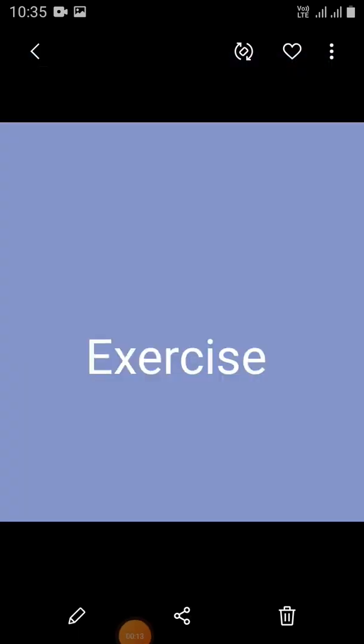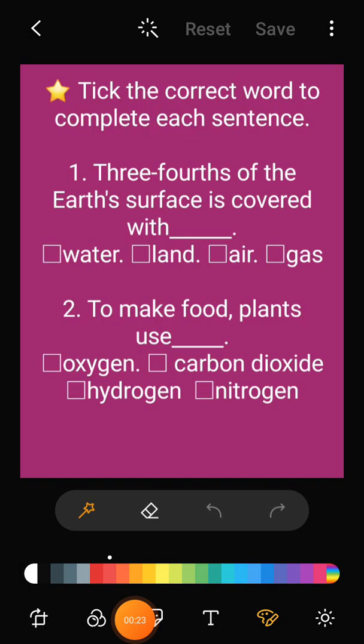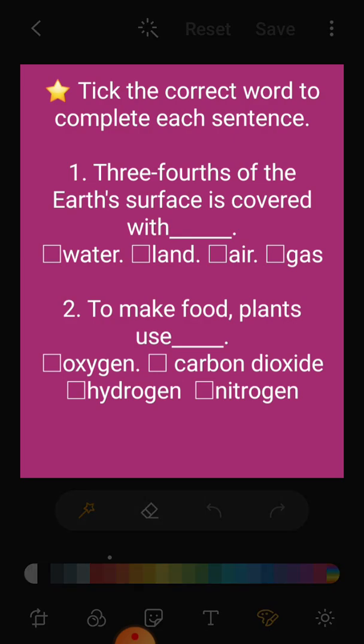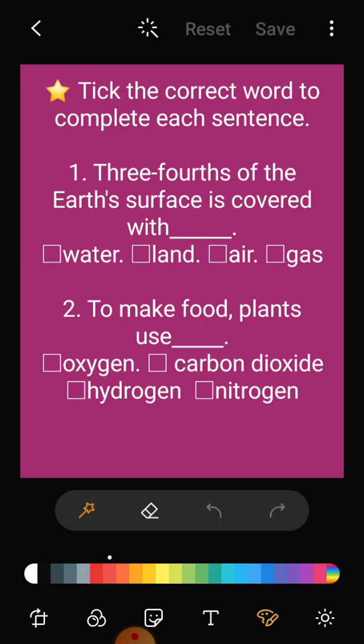Today we will do some exercises from lesson number 2, Earth Our Planet. Tick the correct word to complete each sentence. First one is: 3/4 of the Earth's surface is covered with dash. Given options are water, land, air and gas.